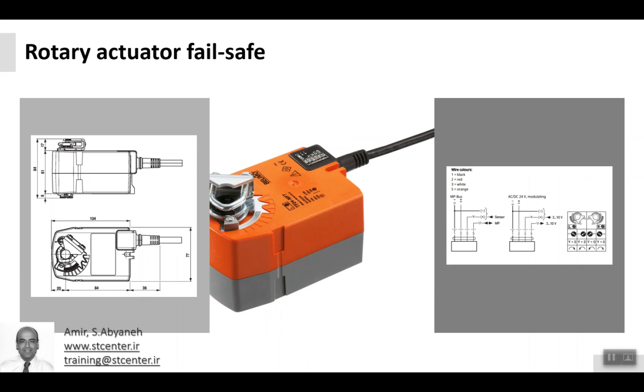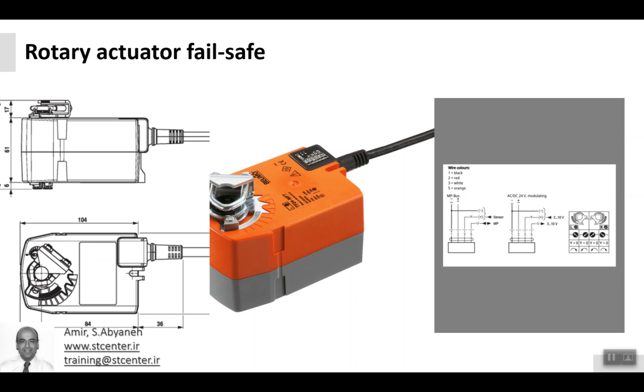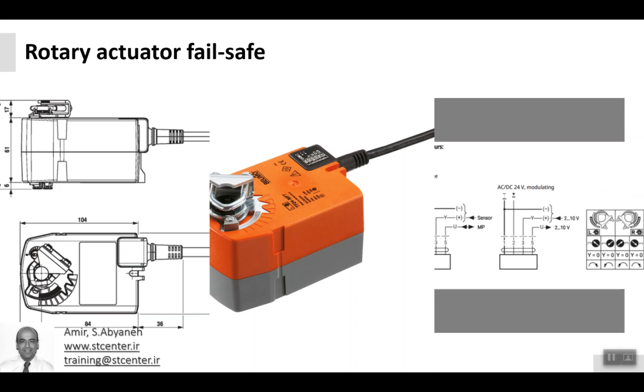The next one we talk about is the damper actuator. The damper actuator lets the fresh air inlet into the air handling unit or not. So we should select the right damper actuator according to which Newton meter we need, and also the wiring and placement.